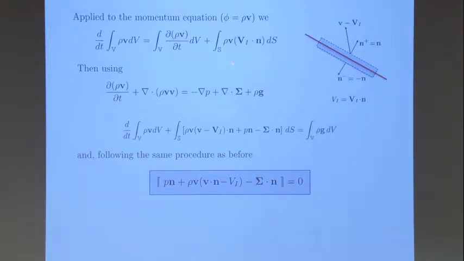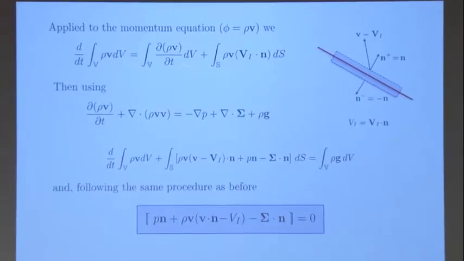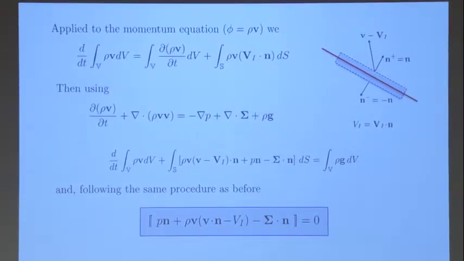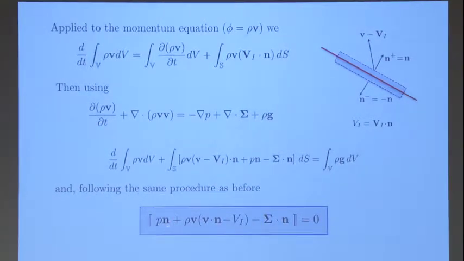We can do a similar thing for momentum, and what you end up with is the following statement. Remember that that's a vector equation, so what we are going to get is the jump of the 3 quantities in the 3 directions.